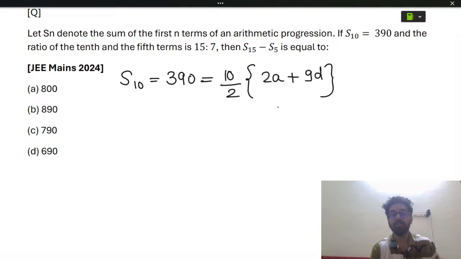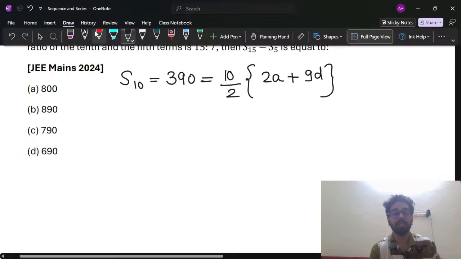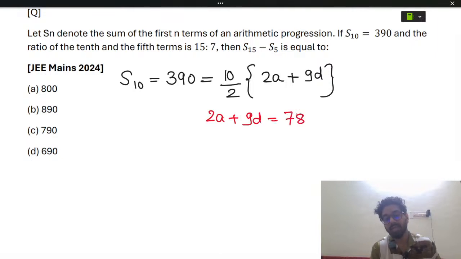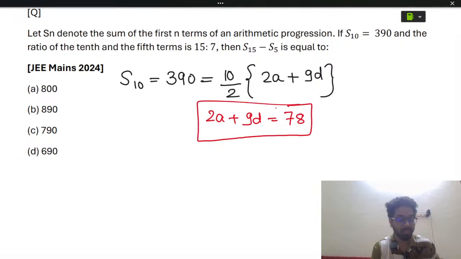Okay, if you solve this, you will get 2a plus 9d is equal to 78. On solving this, that's what you will get.